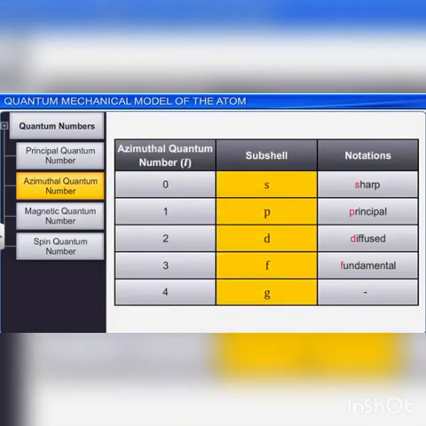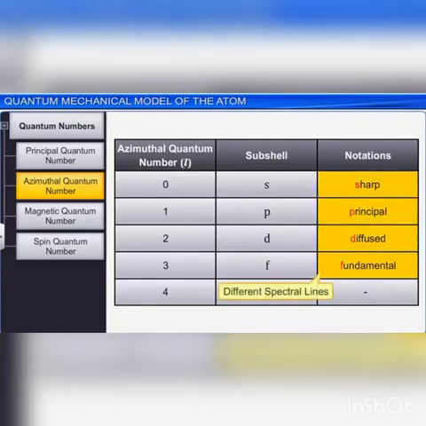Subshells corresponding to different values of L, that is, 0, 1, 2, 3, 4, are represented by the symbols s, p, d, f, g, and so on. The first 4 notations are the initial letters of the words sharp, principal, diffused, and fundamental, the words formerly used to describe different spectral lines.